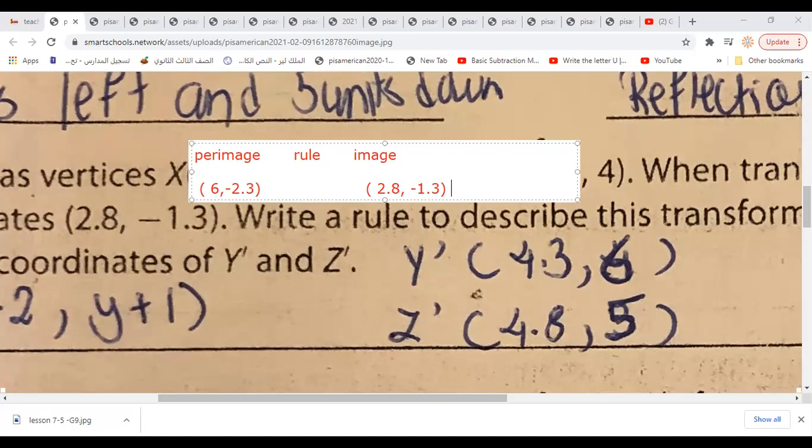So it will be 2.8 minus 6. Please give me the rule now. 2.8 minus 6 equals how many, grade 8?